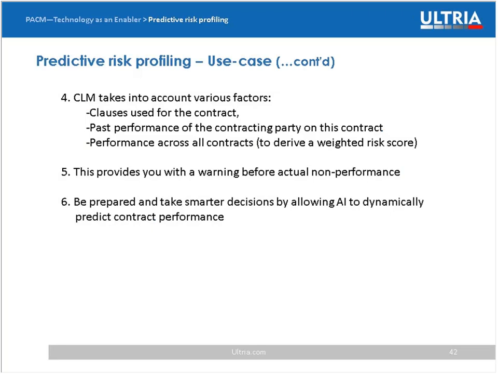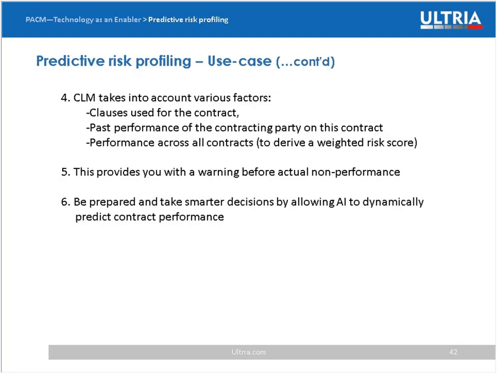For the CLM to take account of predictive risk modeling, it will use clauses that were used for the contracts themselves, and past performance of the contracting party based on their performance numbers. Did they hit plus or minus 5%? Were they on time? And they can also optionally look at overall performance across all contracts for, let's say, these categories to have a derived average weighted value, to see whether these particular suppliers are a little off or a lot off.